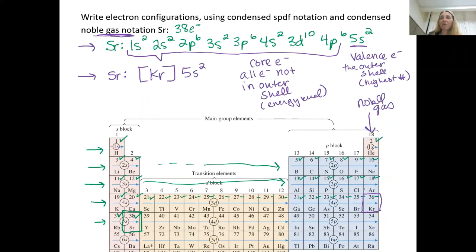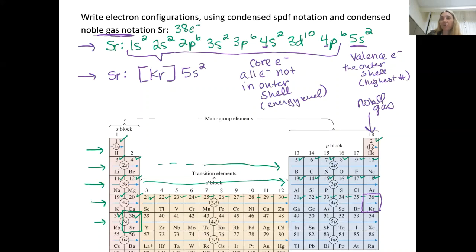Yeah, so someone asked me about krypton. If we're just looking at this, what are krypton's valence electrons? The valence electrons are the ones that are in the outer shell. And so for krypton, the outer shell would be the 4s, right? And so 4s2, 4p6.